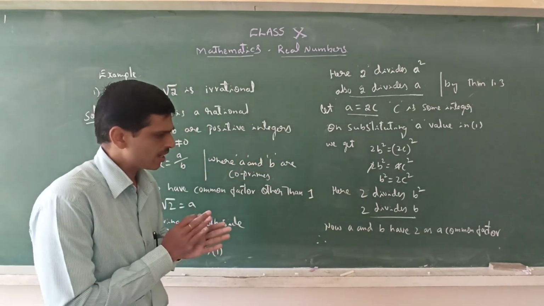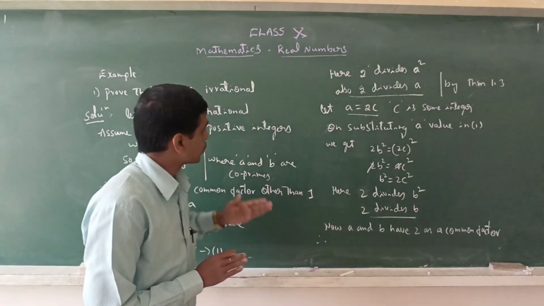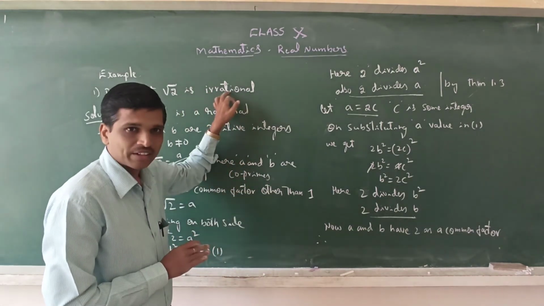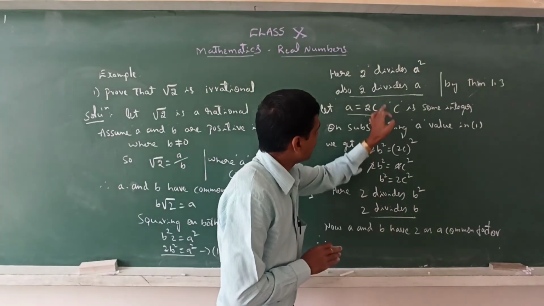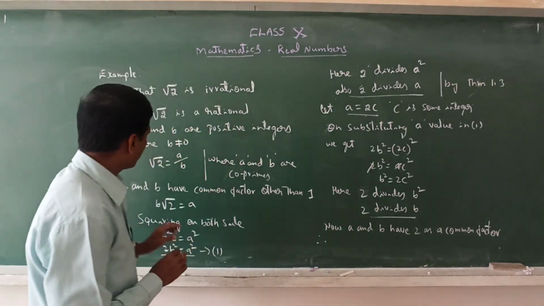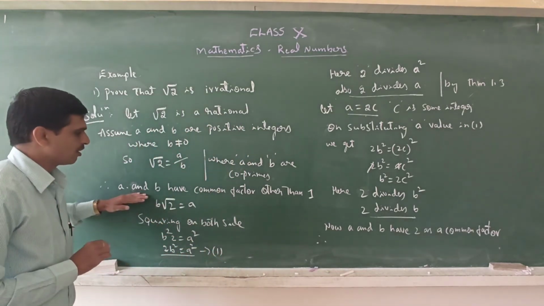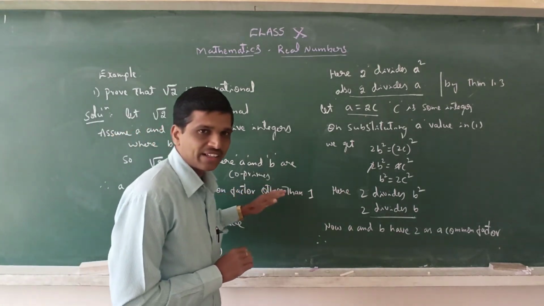The contradiction arises because our assumption is wrong. What we assumed, square root 2 is rational, leads to a and b having a common factor of 2, but according to our assumption they have no common factor other than 1.